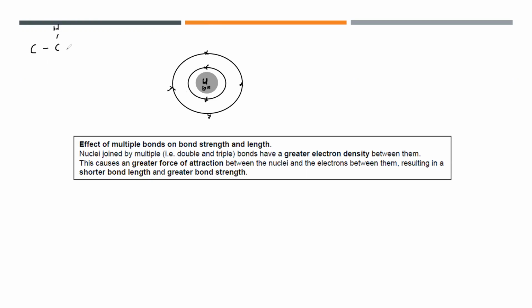So in the case of ethane, which is C2H6, the 2 carbon atoms are forming a covalent bond. This is the nucleus of the second carbon, in which 6 protons and 6 neutrons are there.